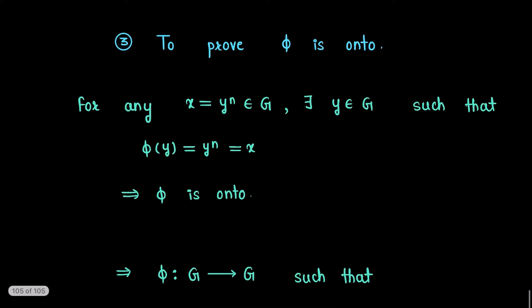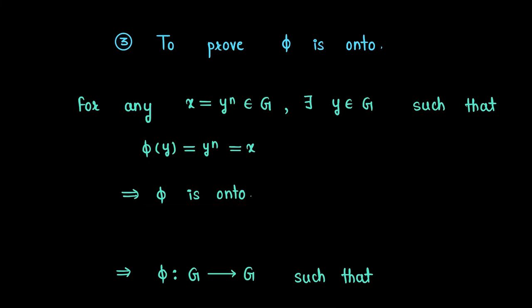Next, to show phi is onto, for any element, say x equals y to the power n in G, there will exist an element y in group G such that phi of y equals y to the power n equals x, and therefore clearly phi is an onto map.